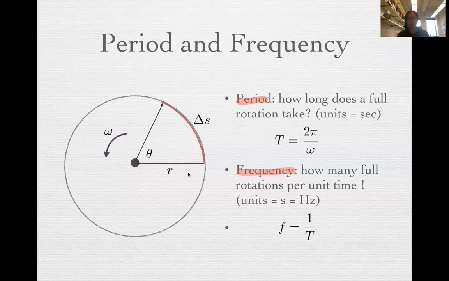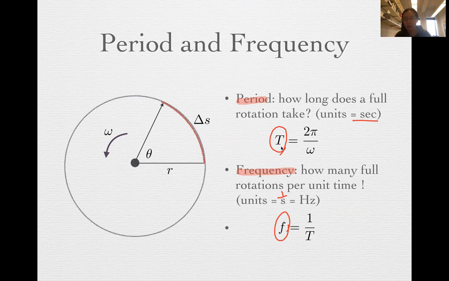Period is the time it takes to do a full rotation, and we call it T. Frequency is how many full rotations you can do per second. Period has a unit of second because it's how much time it takes. Frequency has the unit of 1 over second, or hertz, and it just means how many rotations you can do in 1 second.